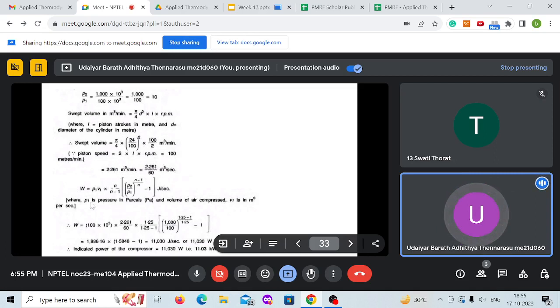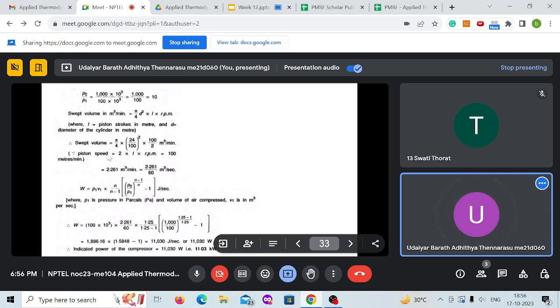So now we can find the work done. Work done is P1 V1 into N by N minus 1, a similar equation. On substituting the inlet pressure of 100 kPa, this is 100 into 10 power 3, into volume V1, which we have calculated as the swept volume.